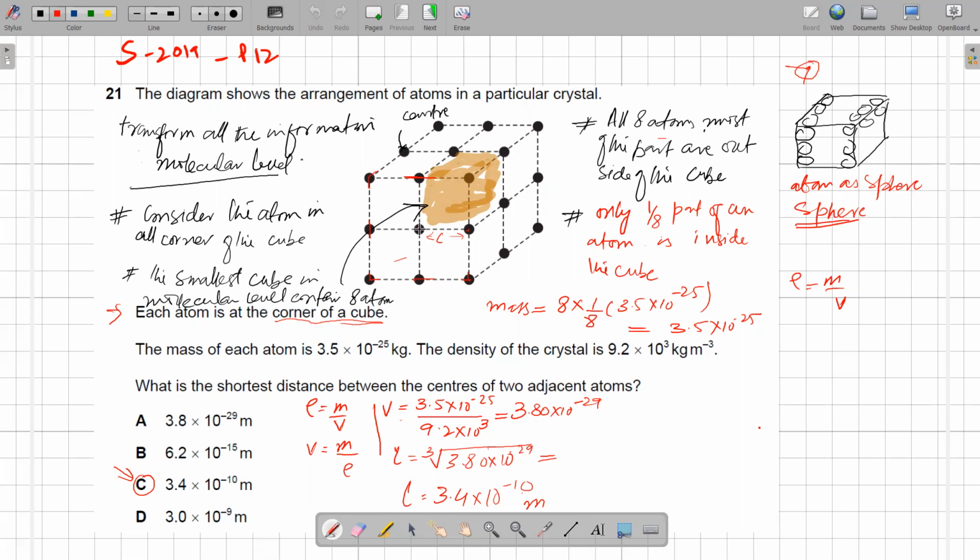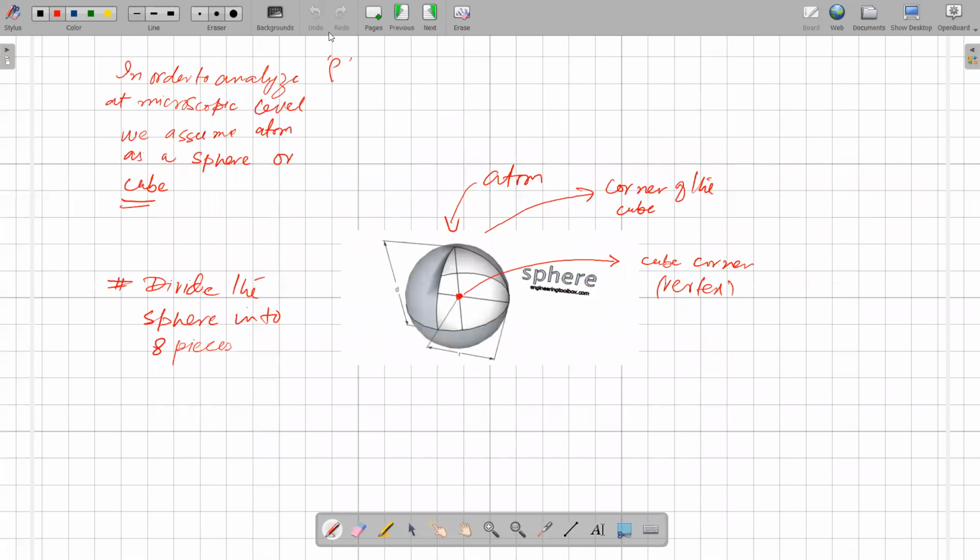Means if this is the center of an atom and this is the center of the other atom, then from center to center, this length is what we need to measure, right? Before we start this question, we need to understand one thing: in order to analyze any microscopic level thing, we assume that the atom is in the shape of a sphere or a cube.